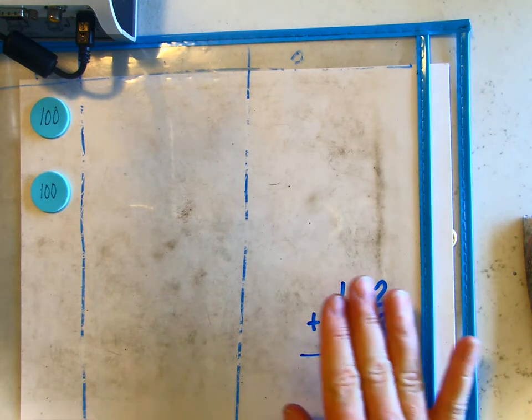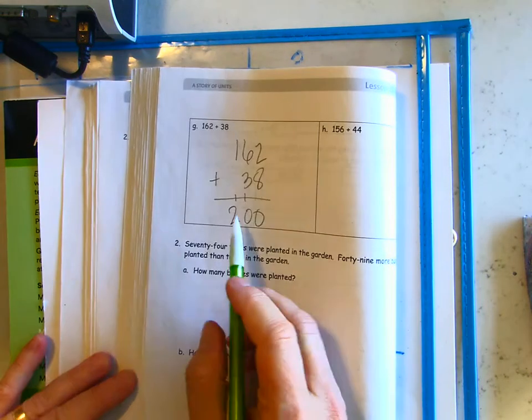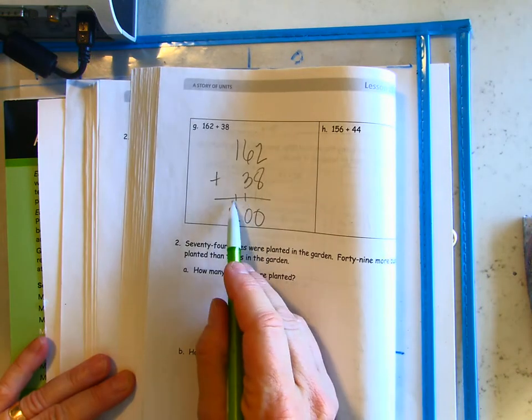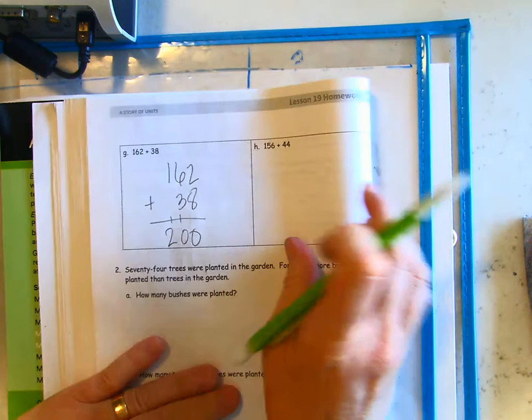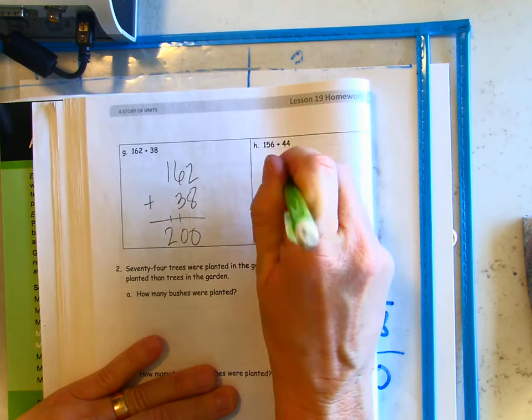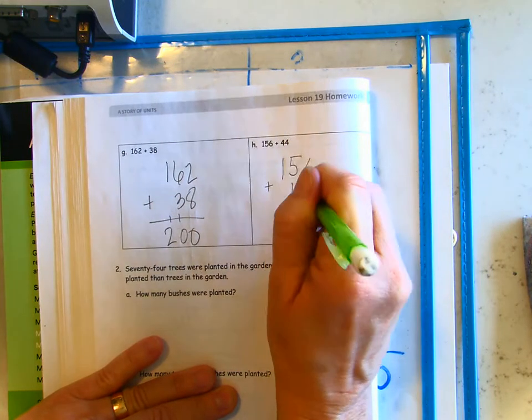Make sure you're writing your vertical form in your book. 162 plus 38 is 200. And make sure you have the compositions added here. We have one more to do before our word problem. We're going to write it in vertical form. 156 plus 44.